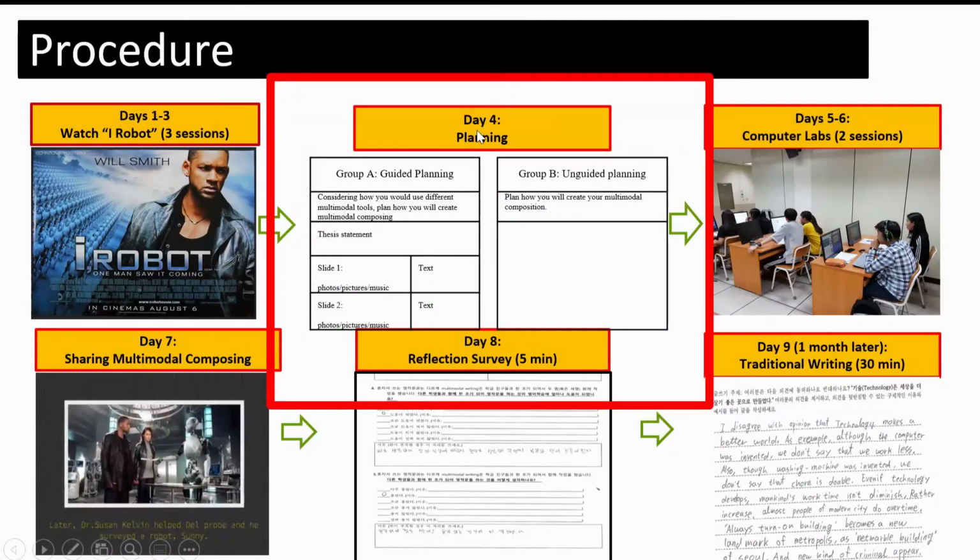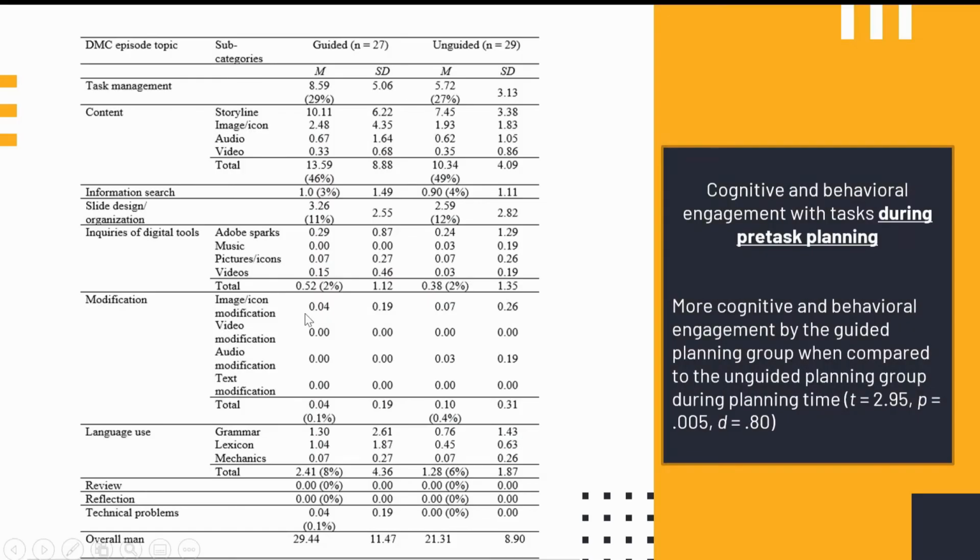So going back to this worksheet, the guided condition was provided with more structured space so that they can plan these different semiotic modes ahead of time with the meaning in mind, right? So during planning time, they were able to produce a lot more DMC episodes, which indicates cognitive engagement with each topic.